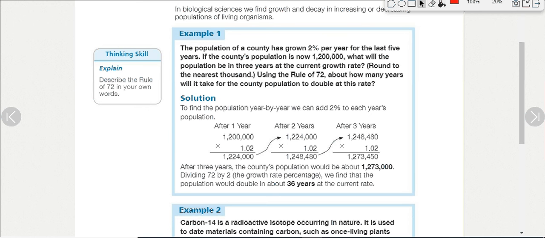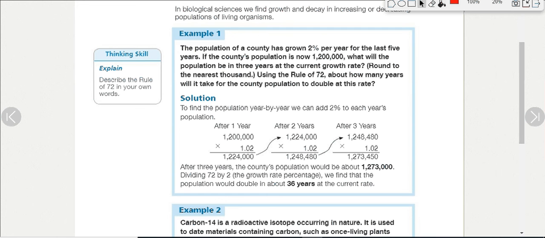Now it also asks, using the rule of 72, about how many years will it take for the county's population to double at this rate? Okay, the rule of 72 is used the following way. You divide 72 by the percentage that we learned it's growing, which is 2%.